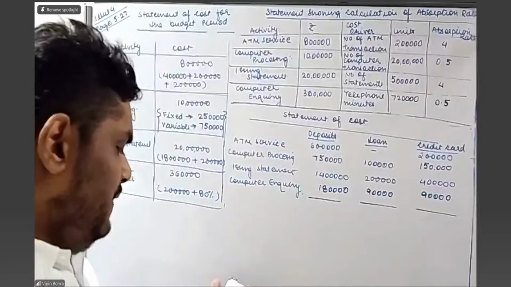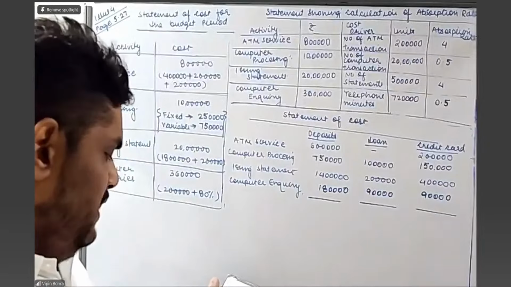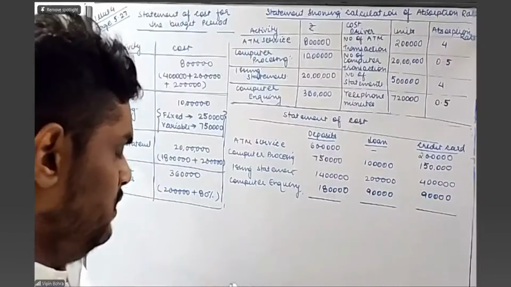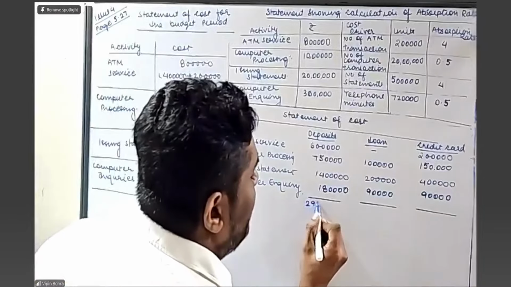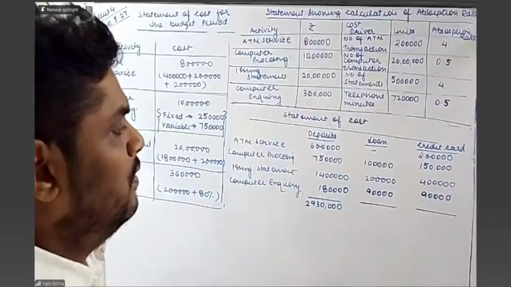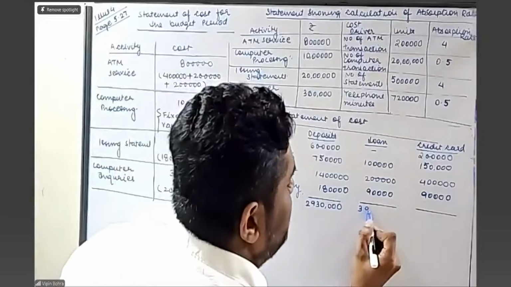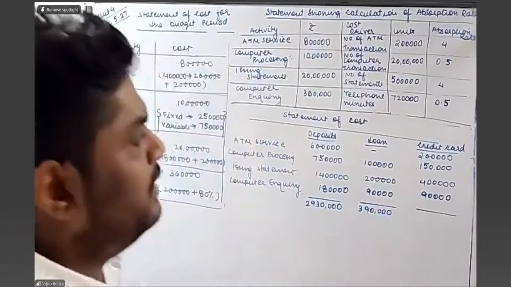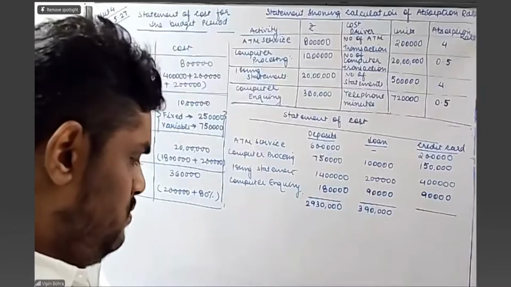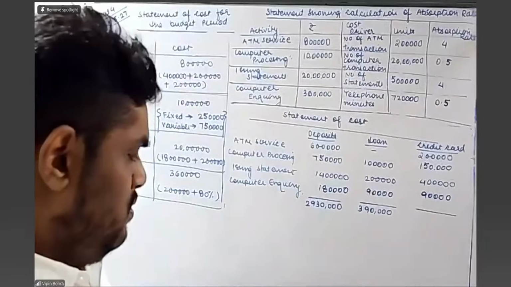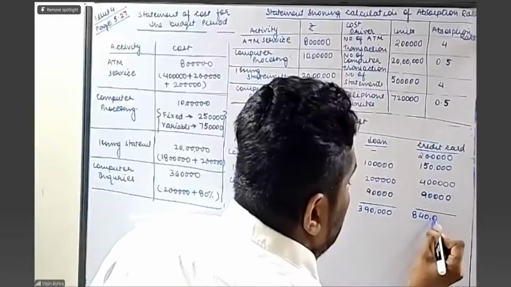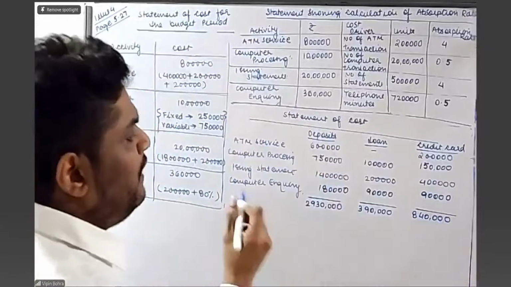So 6 lakh plus 7 lakh 50,000 plus 14 lakh plus 1 lakh 80,000, this will be 29 lakh 30,000. This will be 3 lakh 90,000. This will be 8 lakh 40,000. So we are able to calculate the total cost.